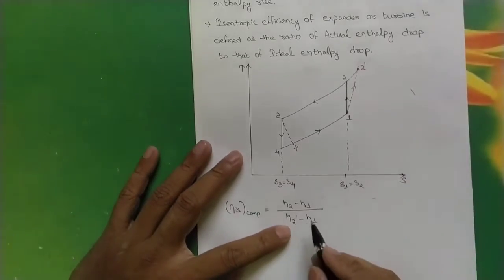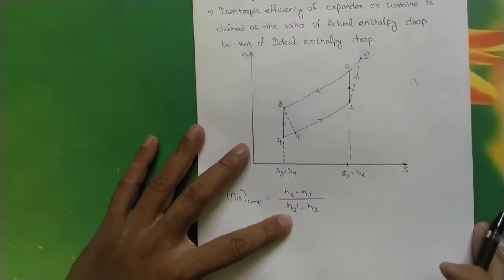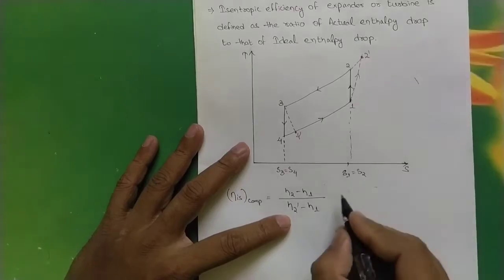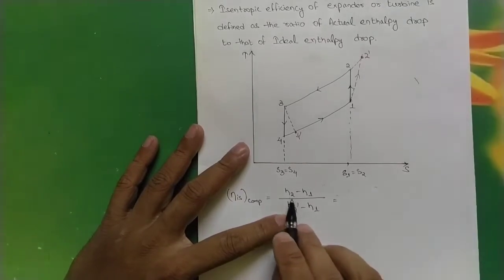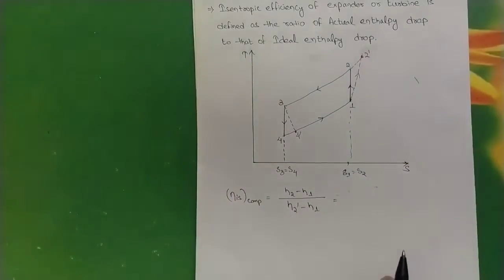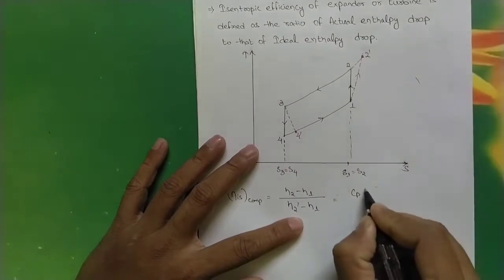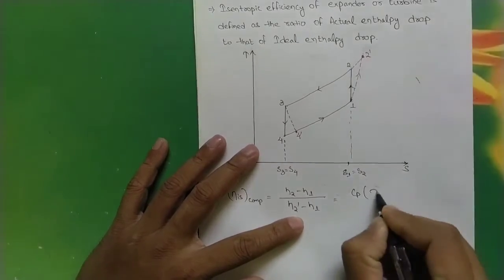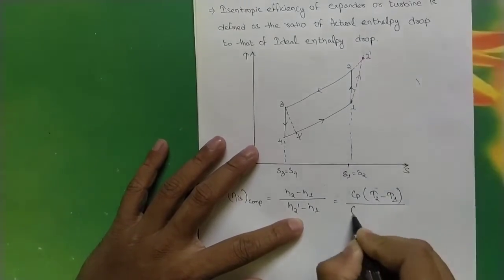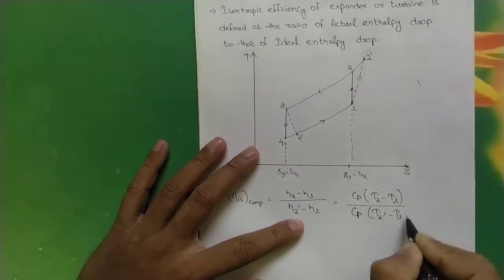As air is the working medium and air is an ideal gas, we can apply the ideal gas equation. So in terms of enthalpy, I can replace it as specific heat into temperature. Taking Cp common, Cp into T2 minus T1, Cp into T2 dash minus T1.